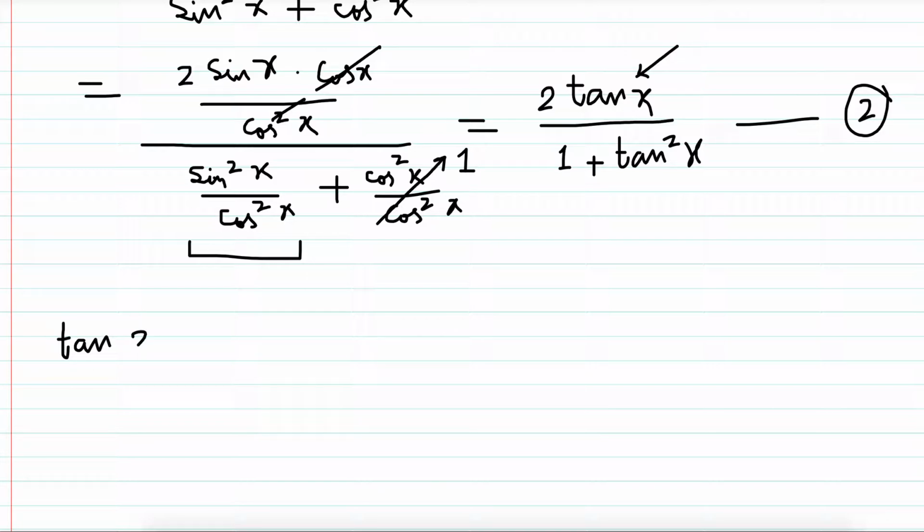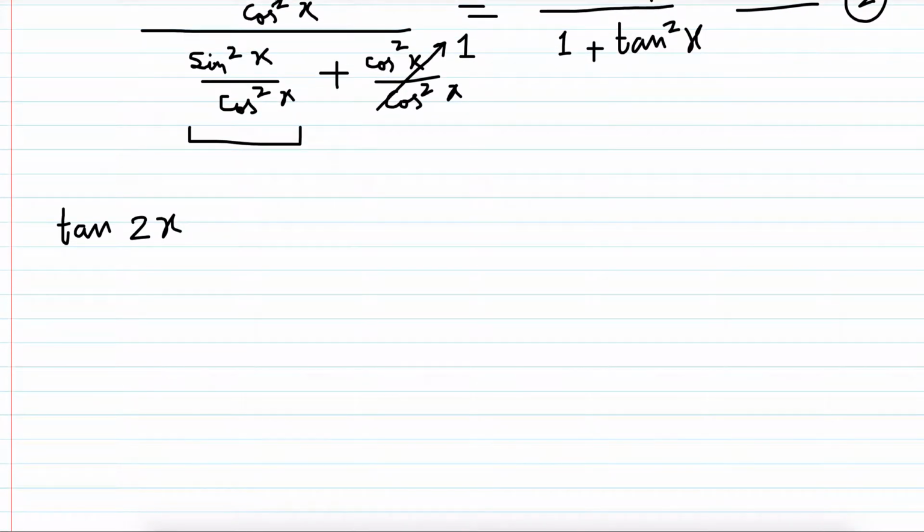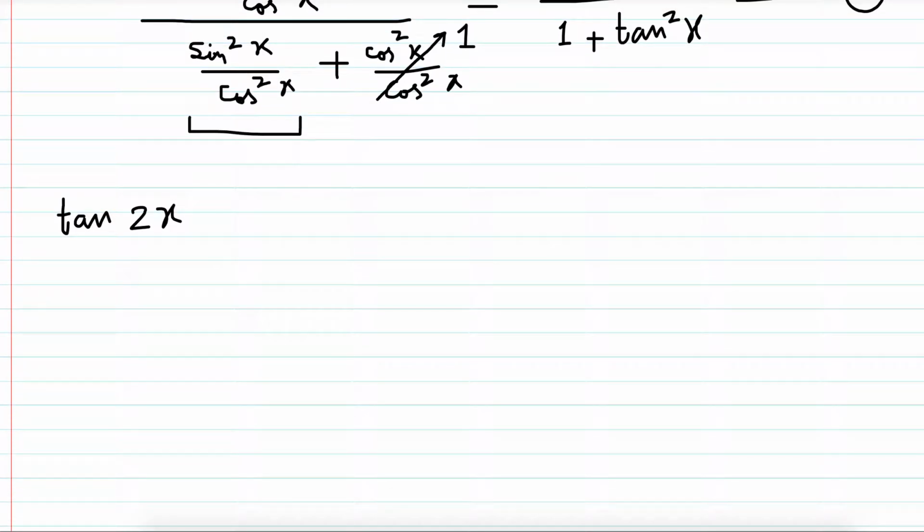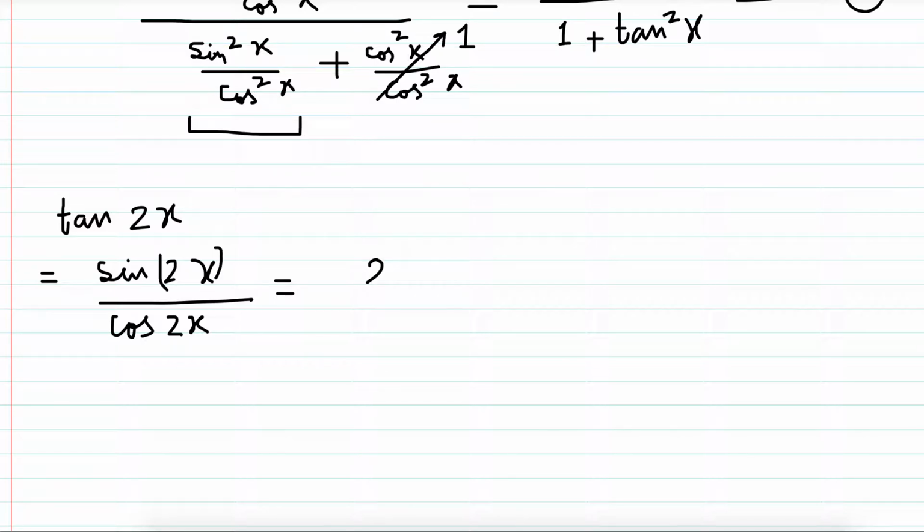And then we have tan 2x. So we can write tan 2x as sin 2x divided by cos 2x. And sin 2x we know is equal to 2 sin x cos x.